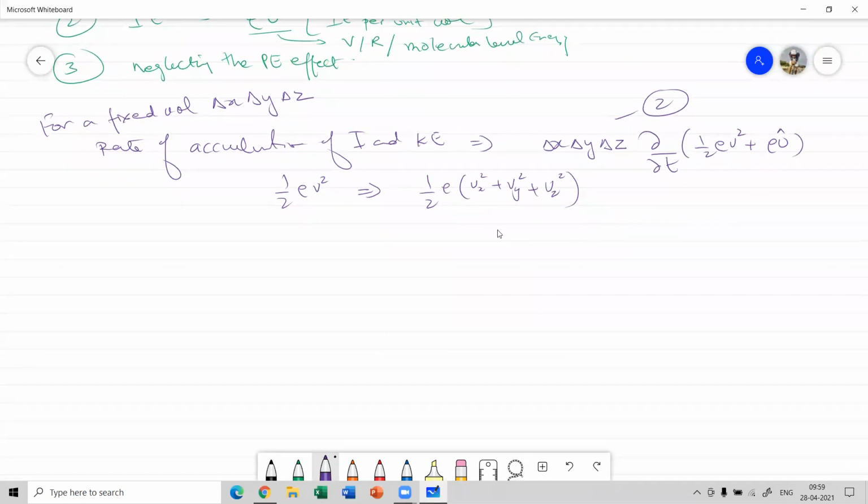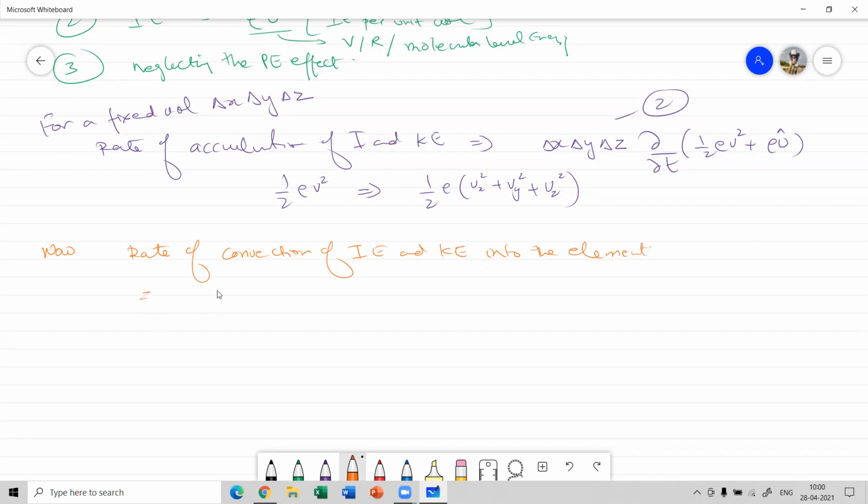Further, now let's talk about the rate of convection of internal energy and kinetic energy into the element.